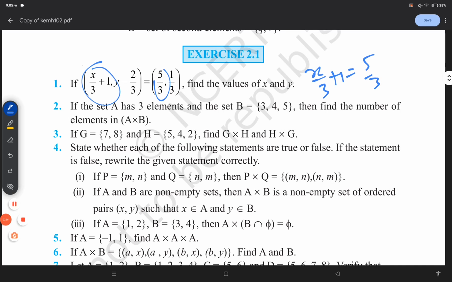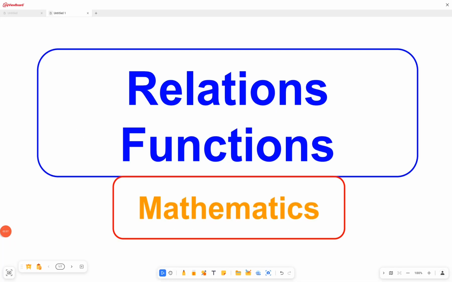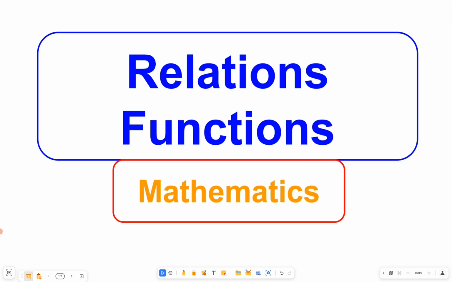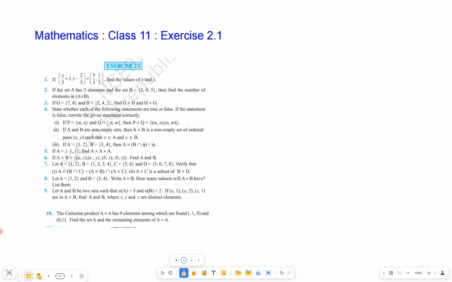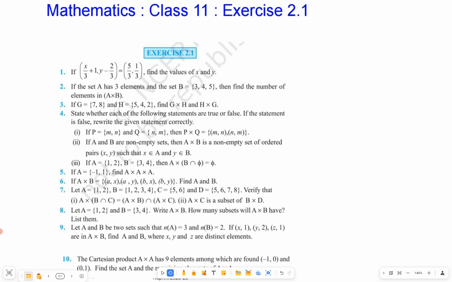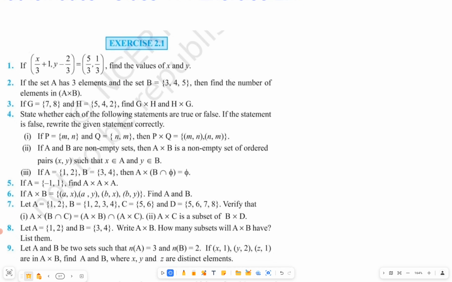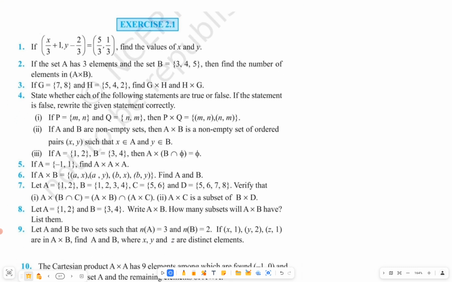Here, relation and mapping, from the NCERT book, relation and function, mathematics. Here is exercise 1, that means let us discuss exercise 1.